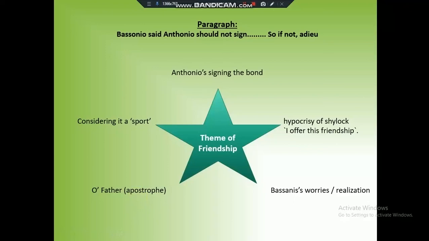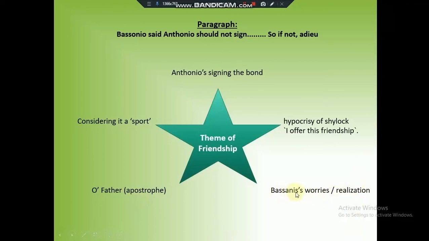So this is the dialogue of Shylock, in which in this way he is going to convince Antonio to sign the bond. Now look at the cleverness or shrewdness of Shylock, that in an indirect way he is convincing Antonio to have faith in Shylock.